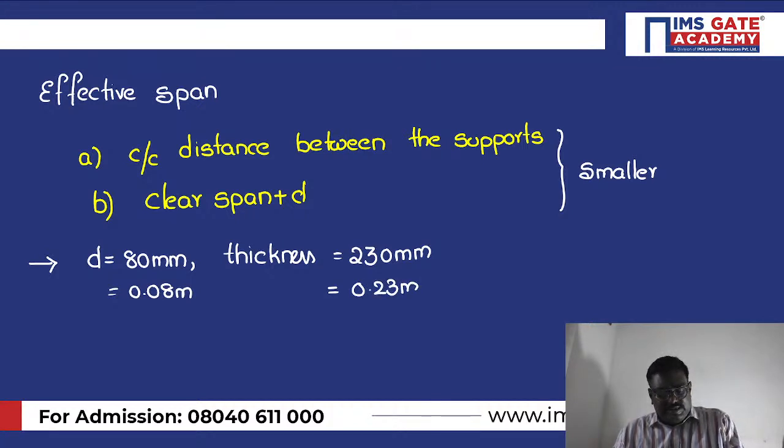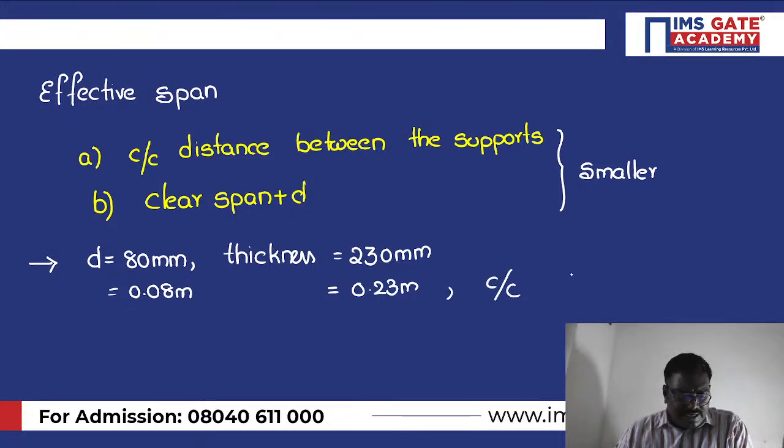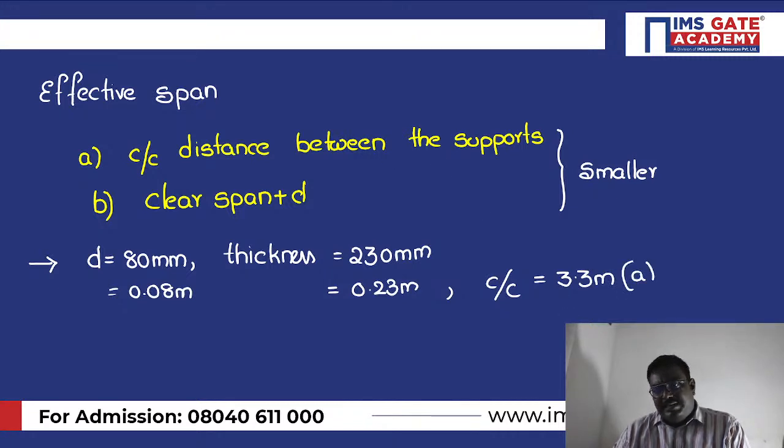So this is the given data, and they have given the center to center distance as 3.3 meter. This is one of the options, option A is 3.3.